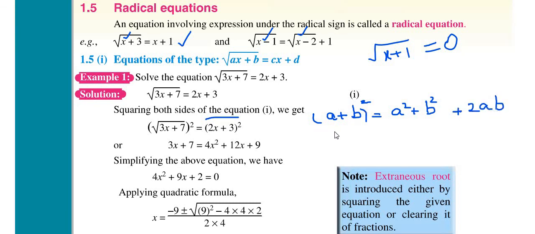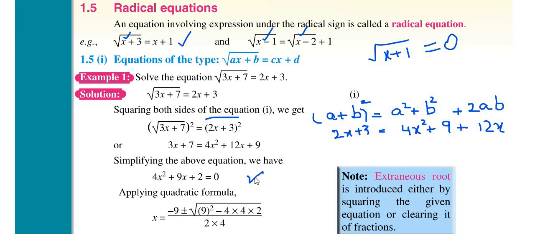Now a is 2x, b is 3, so there is 4x square plus 9 plus 12x. Now shift the constant terms 7 and 3x to the right hand side of this equation. 4x square plus 9x plus 2 equals 0.